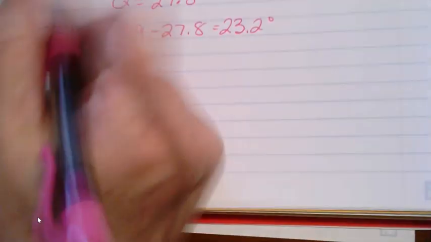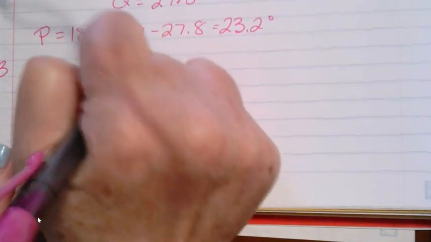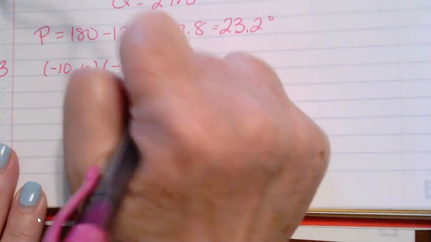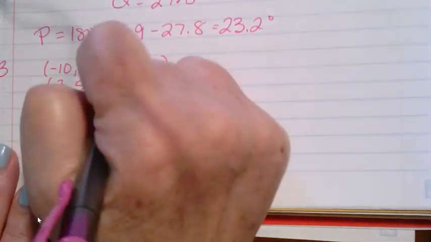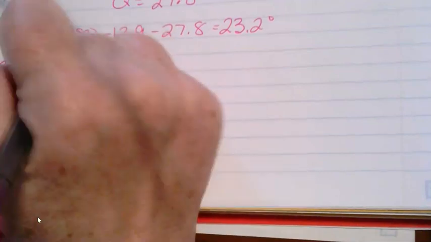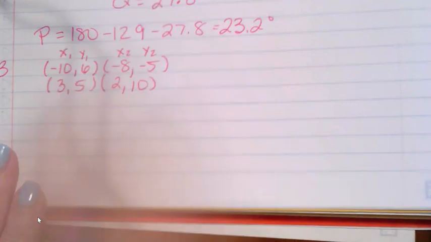Okay, so here we go. So I have negative 10 and 6, negative 8 and negative 5. I also have 3, 5, and 2, 10. So x1, y1, x2, y2.